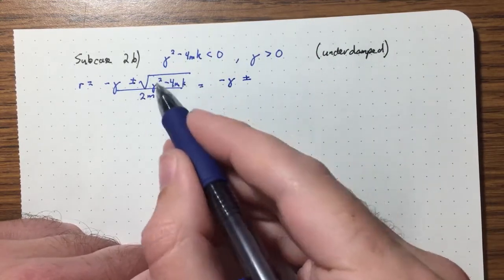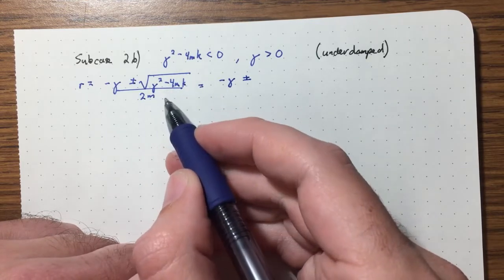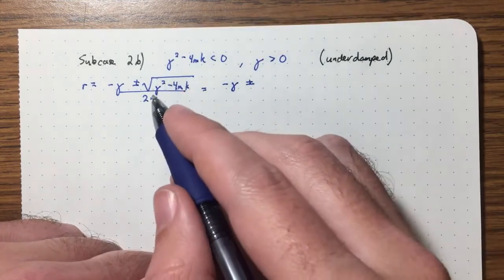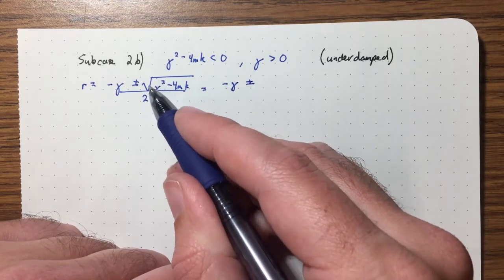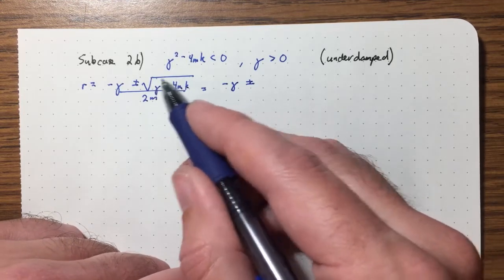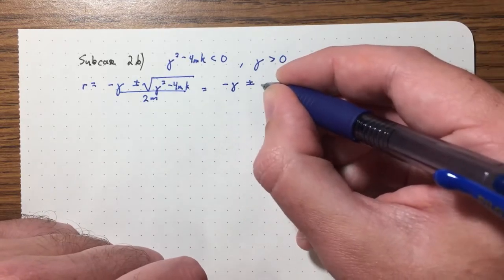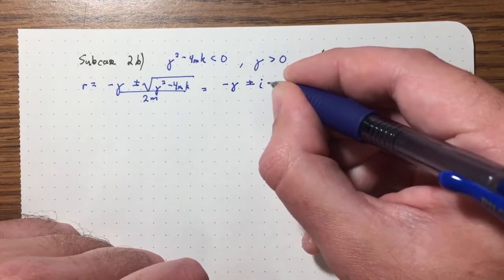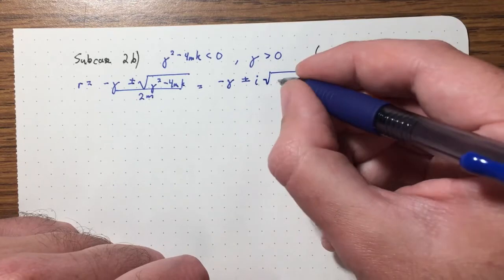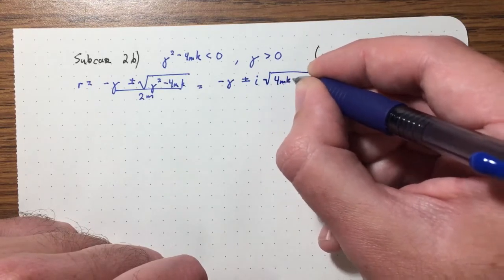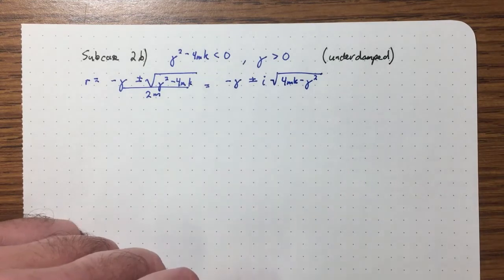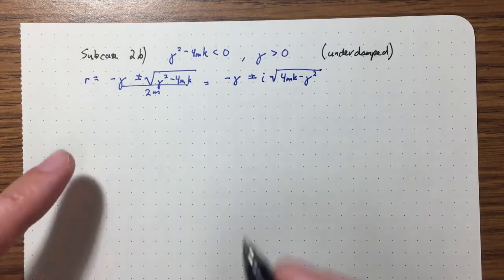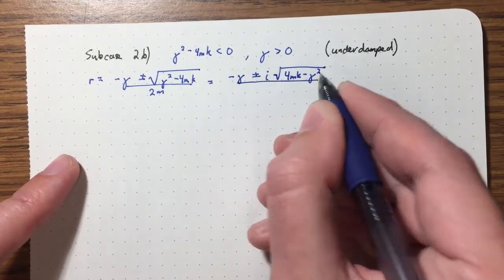In other words, if it's negative, we have an imaginary number here. So let's try to introduce an i. So I'm actually going to factor out a -1. So I have a square root of -1 times a square root of, now it's 4mk minus gamma squared, right? I factored out that -1 and I wrote that as an i instead. I still have over 2m.